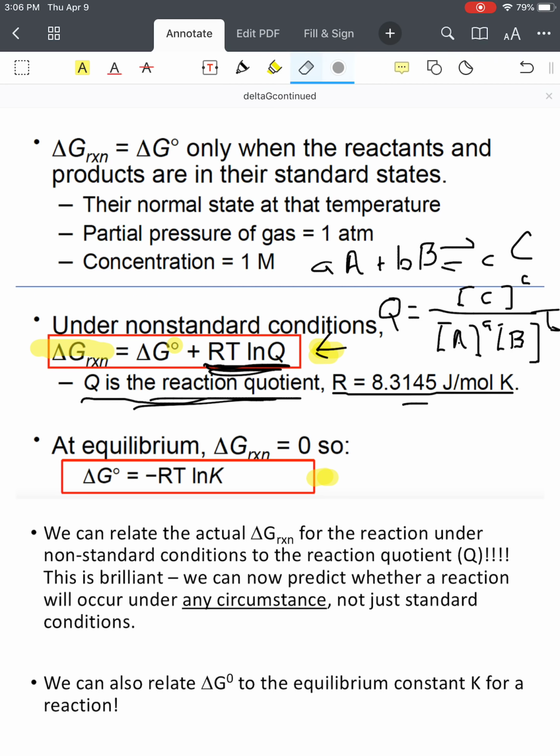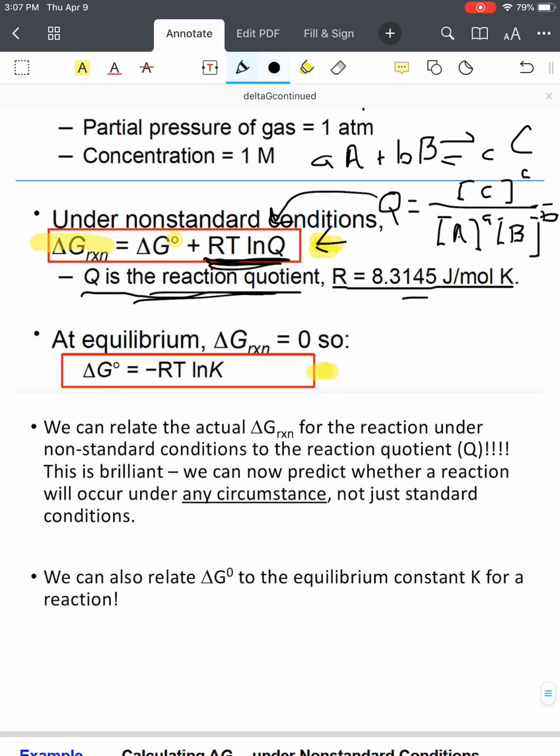So if I can compute my reaction quotient, I plug that in right here. I take the natural log of it, multiply by R times T, add that to my delta G0, and guess what? That gives me my delta G reaction under non-standard conditions.